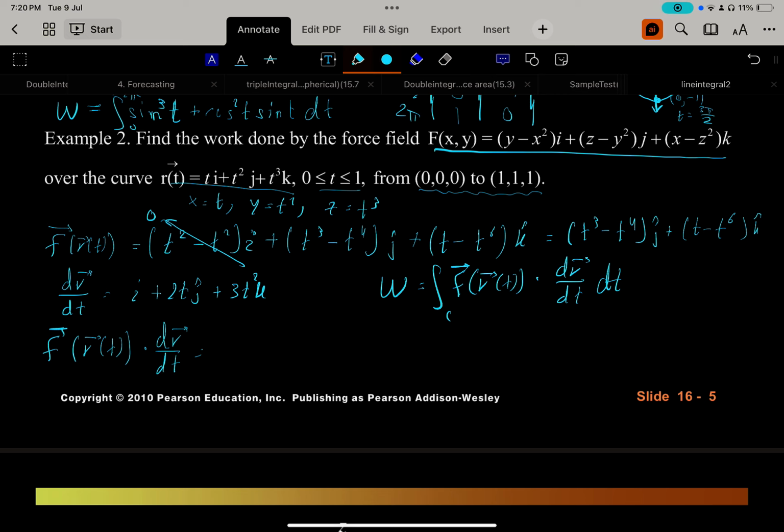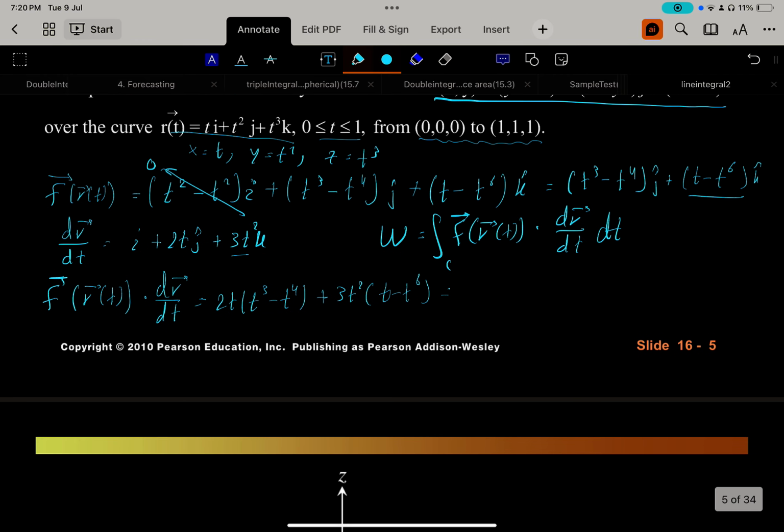For the i it's 0, for the j it's 2t times t to the 3 minus t to the 4, plus 3t squared times t minus t to the 6. This can be further simplified to t to the 4 minus 2t to the 5 plus 3t to the 3 minus 3t to the 9.